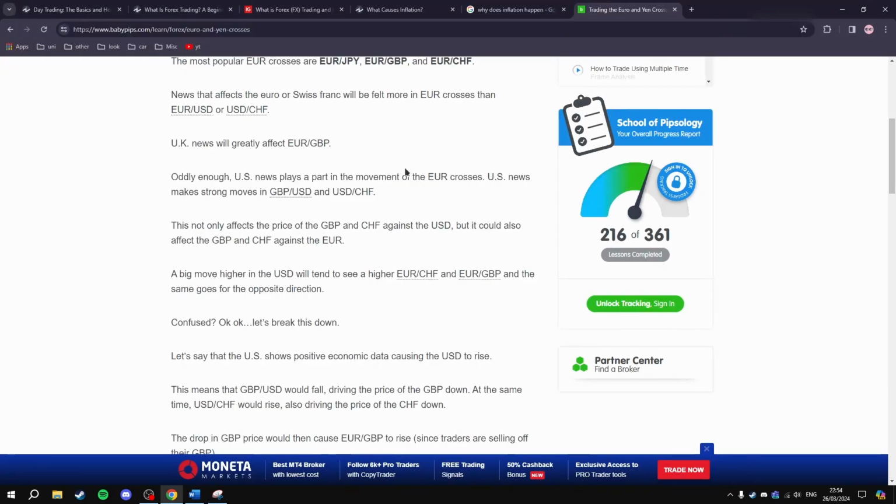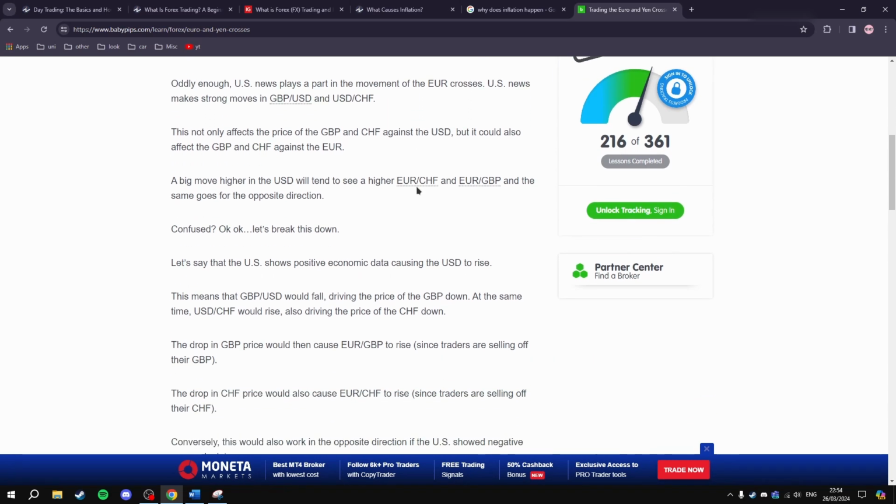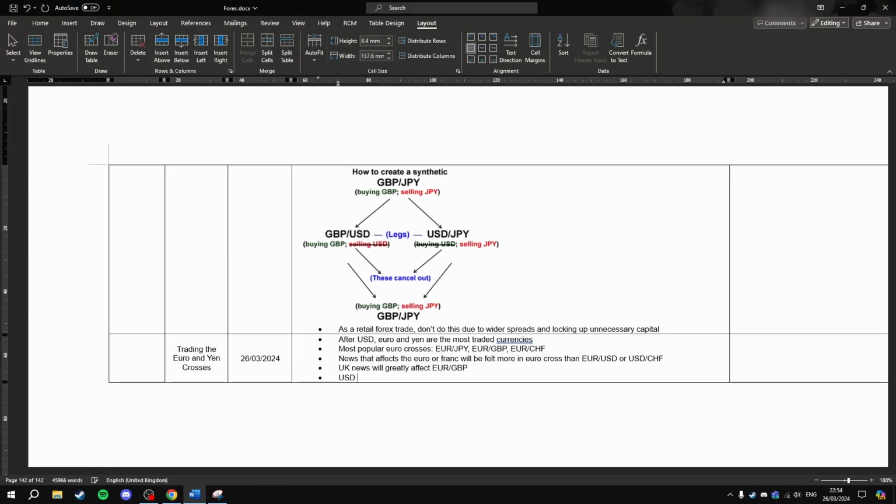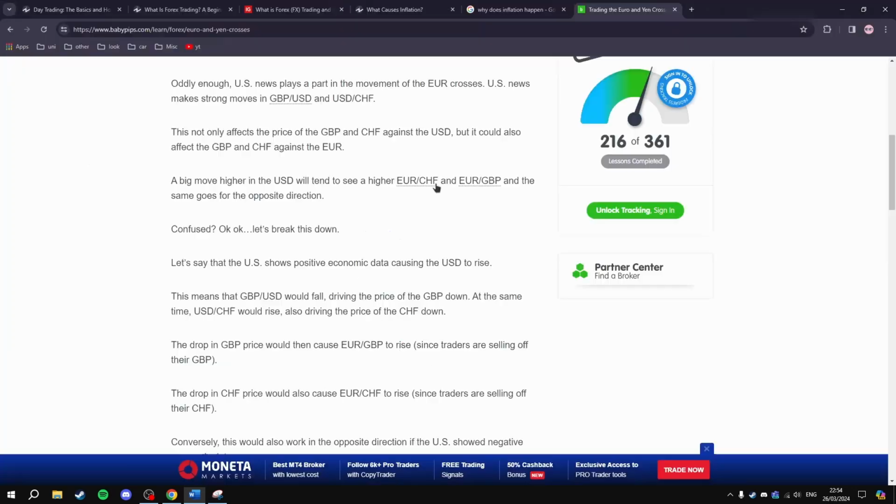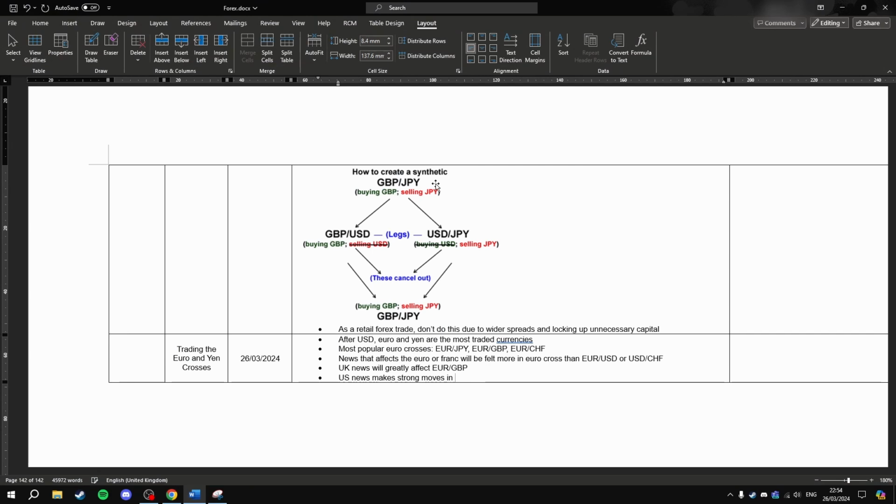Oddly enough, US news plays a part in the movement of euro crosses. US news makes strong moves in GBP/USD and USD/CHF.